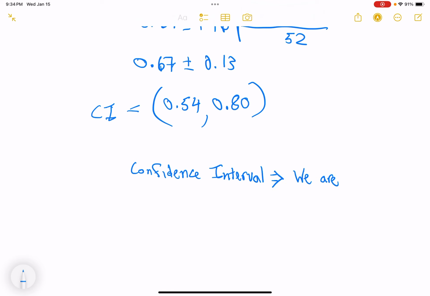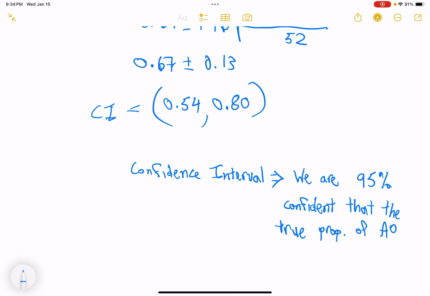We are 95% confident that the true proportion of AP Stats students, and you have to give context, who love green.